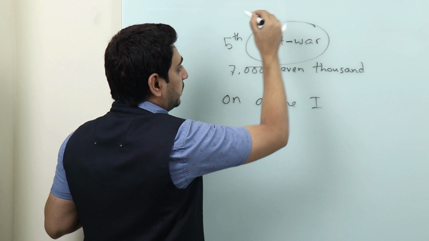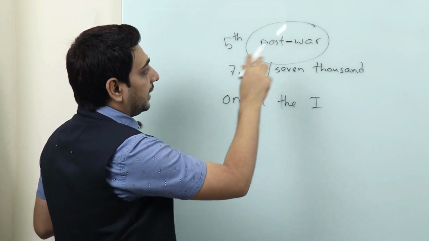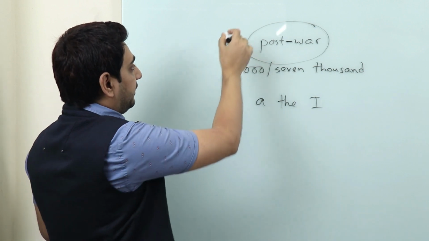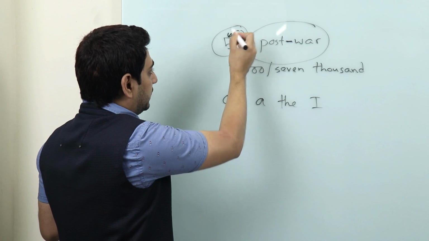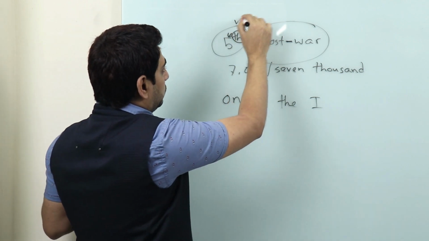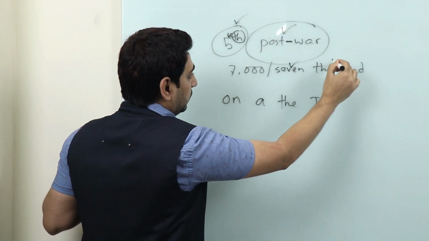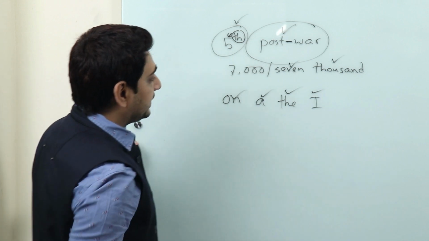You have added 2 words, but as you have put a hyphen there, it is going to be a 1 word count. And even for this one, although it's a separate word, the moment it comes with this, it becomes a single word, fifth. They are separate words, 1 word, 1 word. That is how you count.